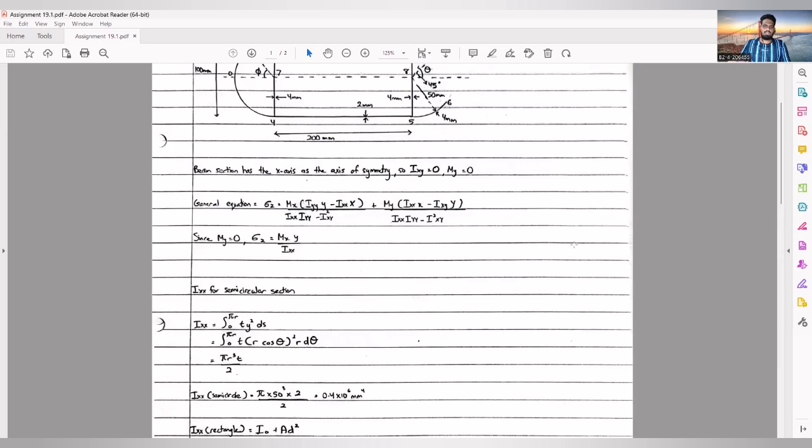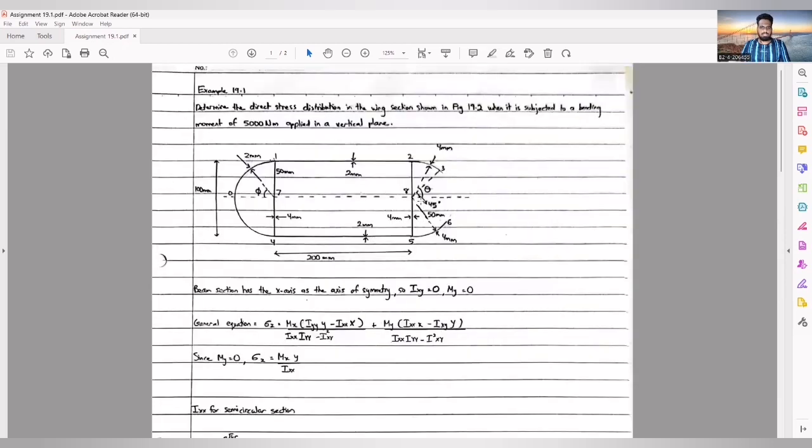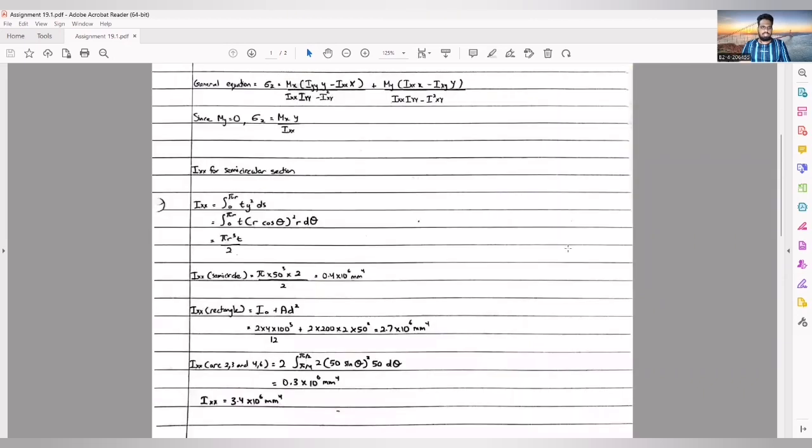There are three parts of structures in this figure: the semicircle, the rectangle, and two arcs. First we find the second moment of area for the semicircular section. If we calculate, we get 0.4 times 10 to the power 6 mm4.